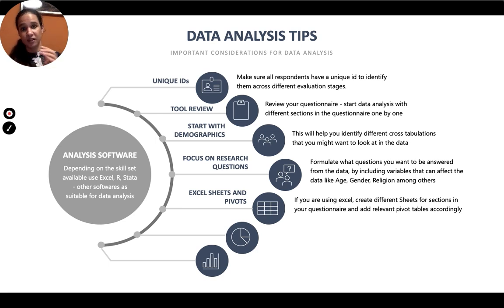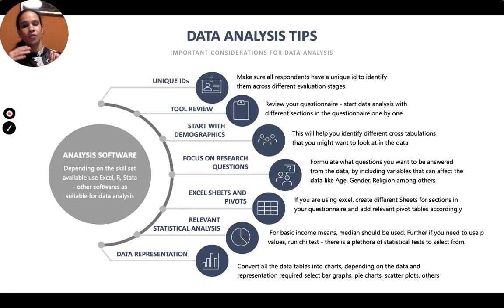Based on these research questions and your sections of your tool, you can then start making Excel sheets and pivots. So you can say, okay, Excel sheet 1 is all the demographic details. Excel sheet 2 is student engagement. Excel sheet 3 is perceptions on digital skills. So then you start making pivot tables according to these different sections.